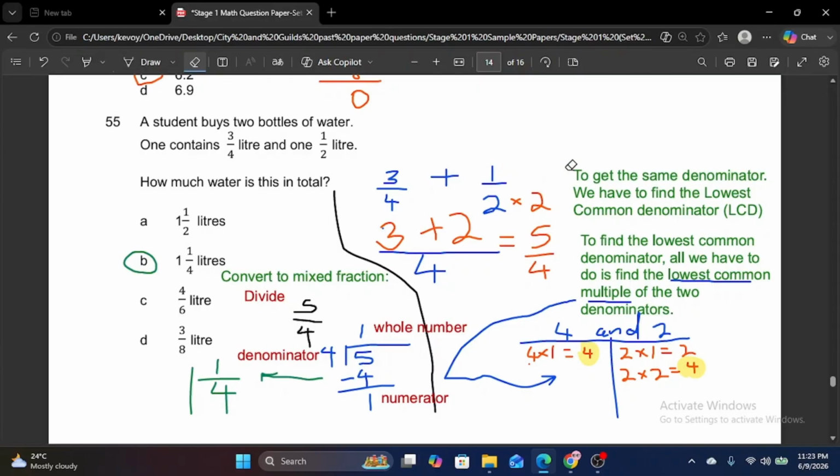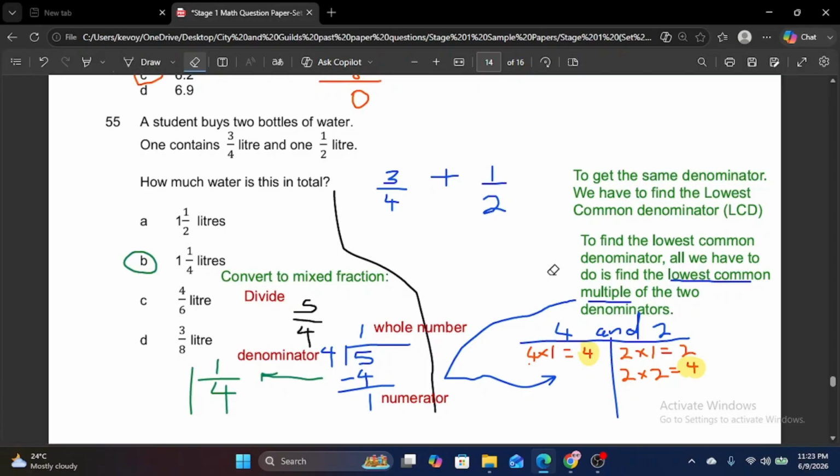If we're going to add these 2 fractions together, the first thing we have to know is never add denominators. Do not add the numbers at the bottom. I see students do it. Do not do it. When we add fractions, we only add the numerators. Also, we only add numerators when the denominators are the same.